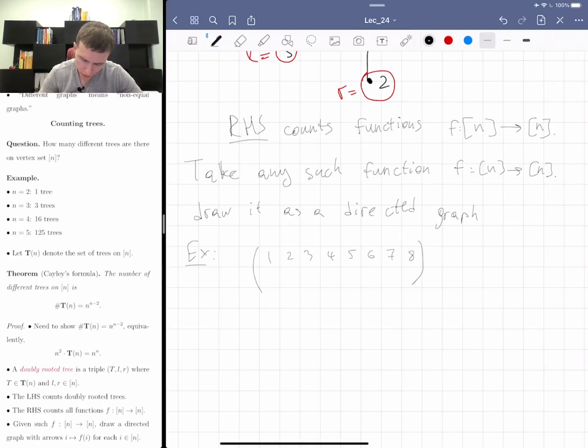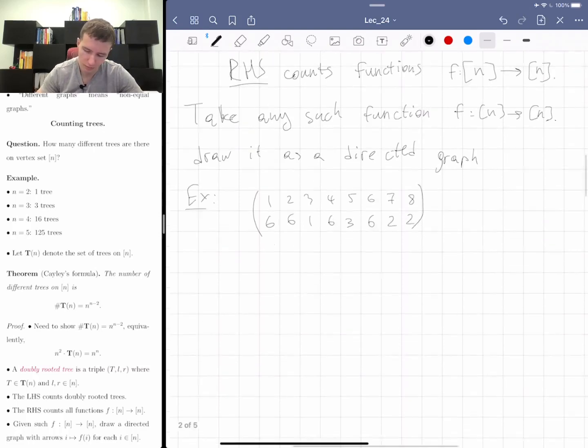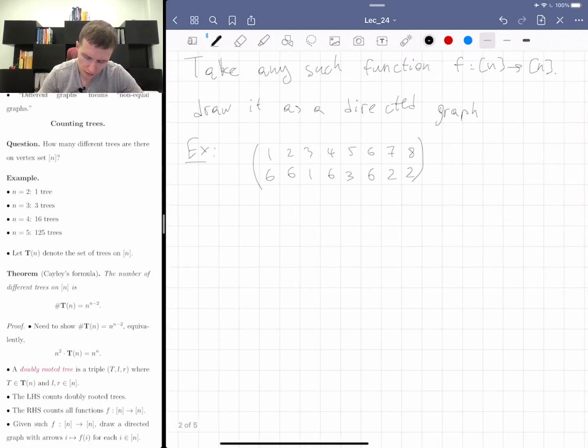Maybe my function sends 1 to 6, 2 to 6, 3 to 1, 4 to 6, 5 to 3, 6 to 6, 7 to 2, and 8 to 2.